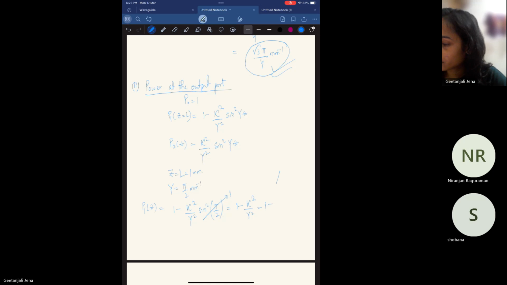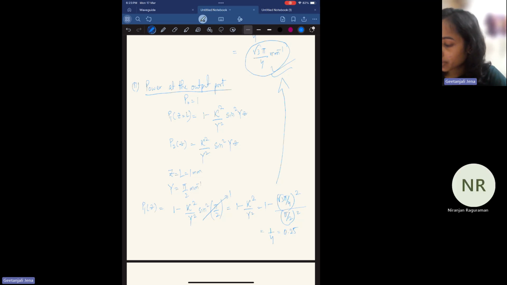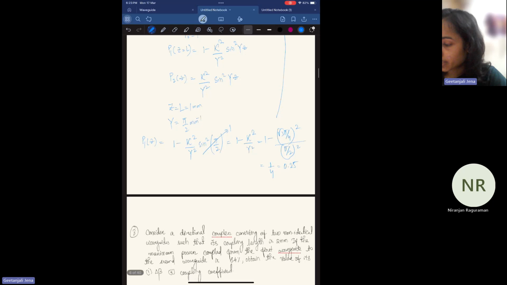Root 3 pi by 4, squared. Gamma is pi by 2. So just calculate it, you will get 1 by 4, which is nothing but 0.25. So that means 25% of the input power will stay in the first waveguide.